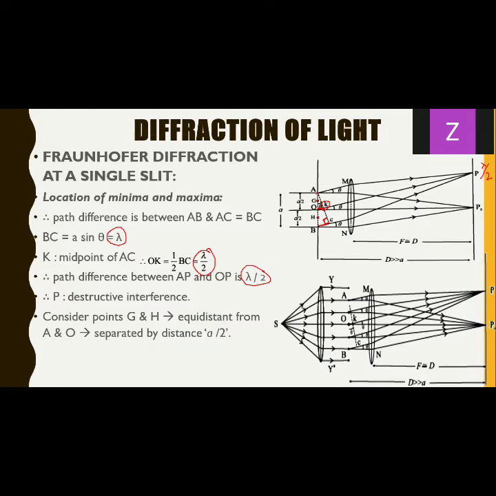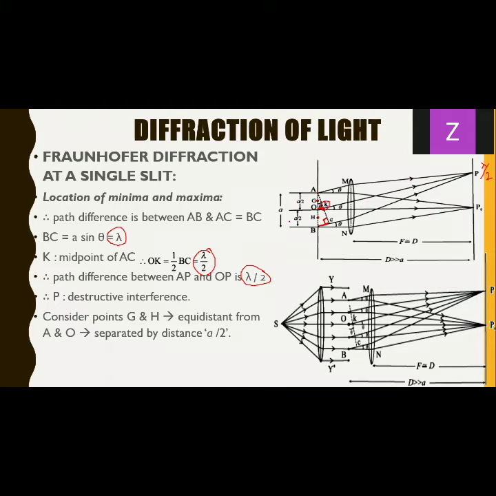G is the midpoint of AO and H is the midpoint of OB. Now AO का distance कितना होगा? Half of that, A by 2, and OB का distance will be half of that, which is again A by 2. So when we consider the rays when they start from G and H.